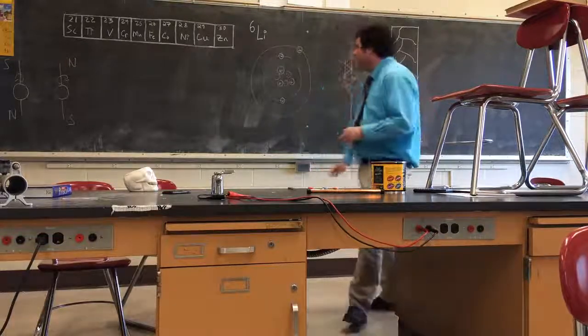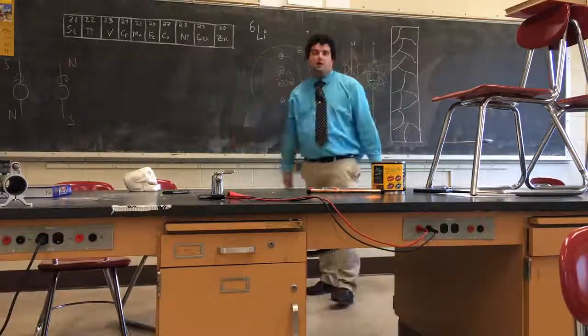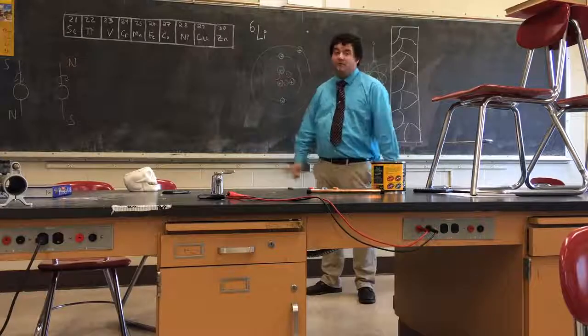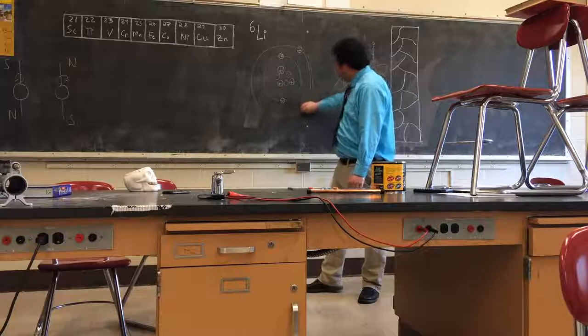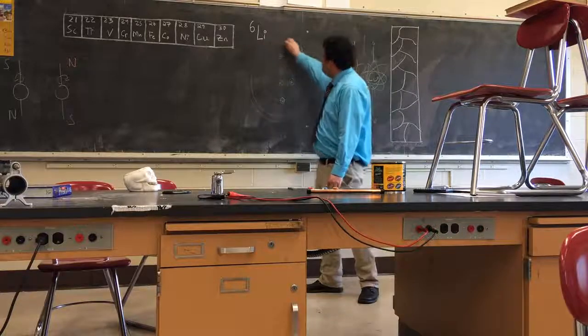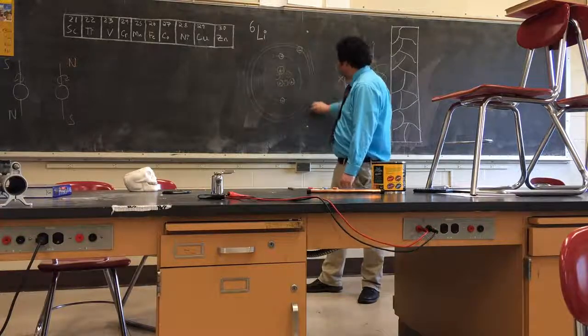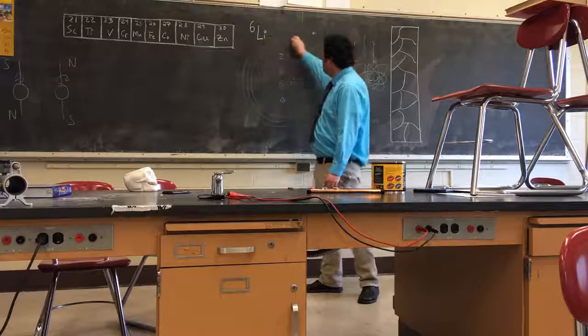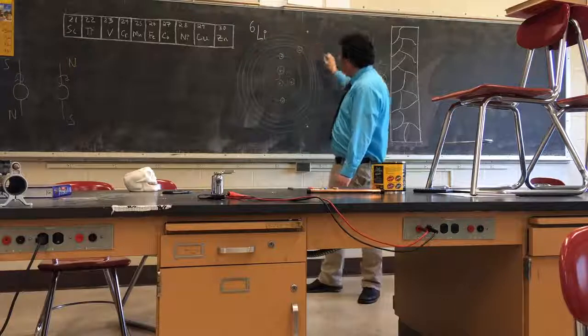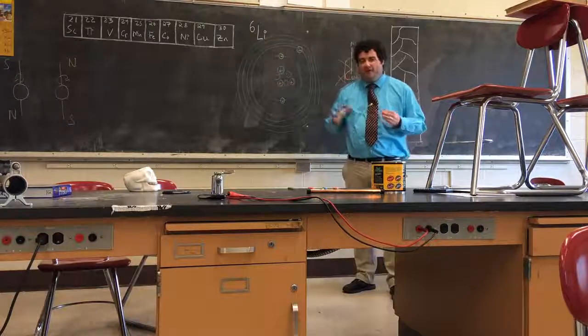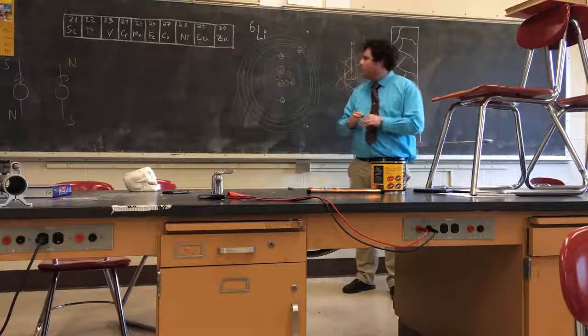The ring can only hold 2, just like we saw for the first one. But there's actually 3 more orbitals very close in energy. And these 4 orbitals together, they can hold 8 altogether.